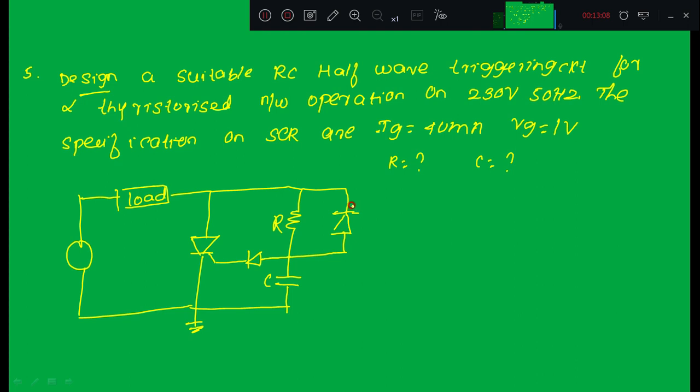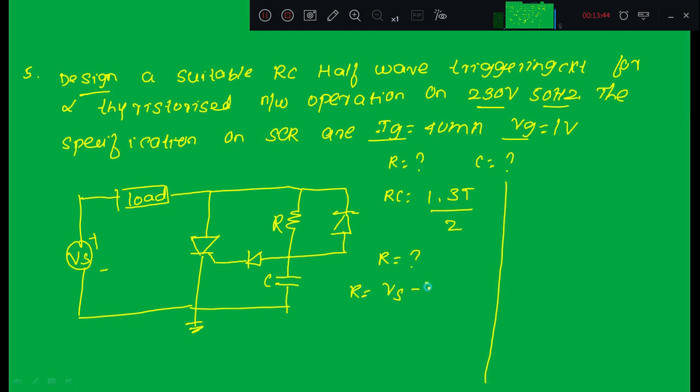Design a suitable RC half wave triggering for thyristorized network operation, where Vs is given as 230, frequency is 50 Hertz, and the specification Ig and Vg is given. Here the formula is RC is 1.3T divided by 2. This is the formula where we are supposed to calculate R and C. To find R, the formula is Vs minus Vgt minus Vd divided by Igt.